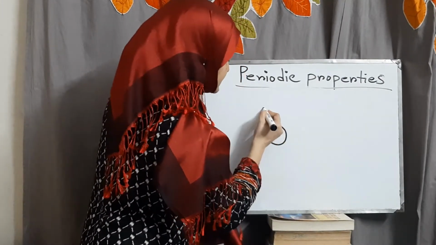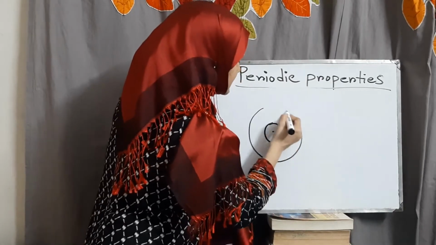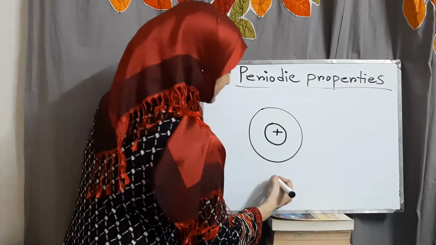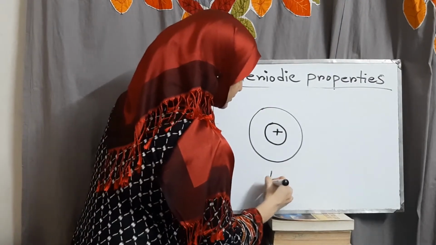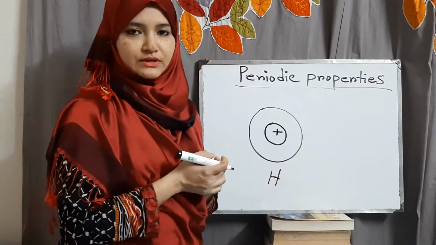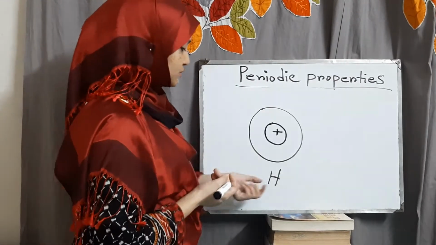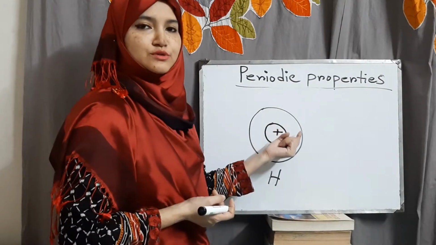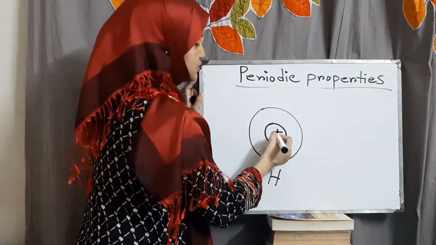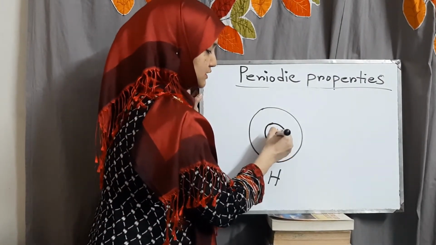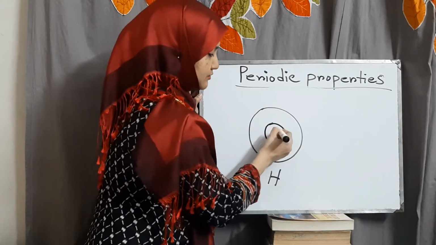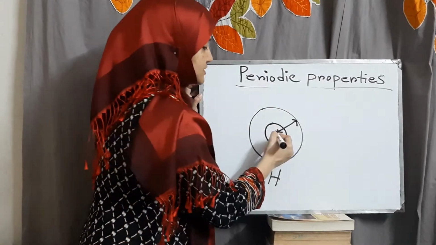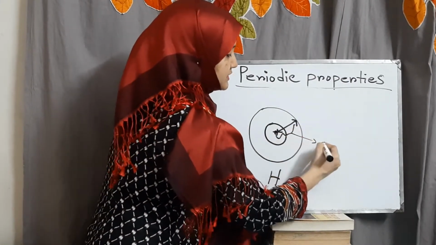This is the nucleus and this is the shell, and we can assume this is the hydrogen atom. This is the first shell and this is the outermost shell. The distance between the center of the nucleus and the outermost shell, that means the last shell, is called atomic radius.